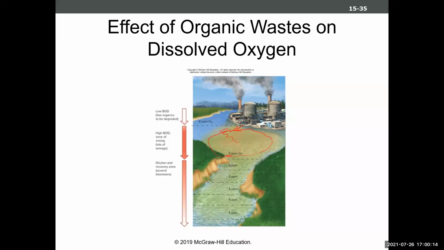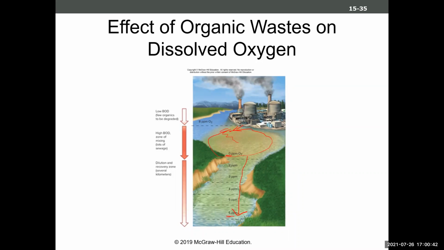See how it says 0 parts per million in terms of oxygen concentration in the water, or dissolved oxygen, that means there's no oxygen here, so no organisms can live. As you get farther downstream away from that source and the organic matter starts to become less and less, you get your dissolved oxygen concentration to begin going back up.